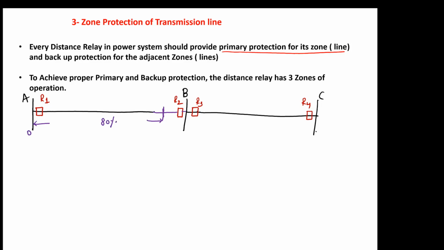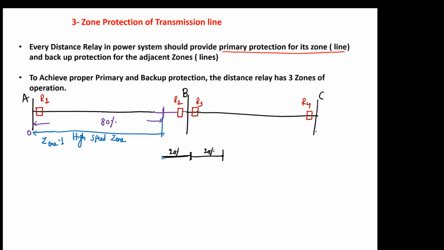Suppose the fault occurs from A to 80% of the line AB, the relay R1 will instantaneously trip. What is the percentage of line that is remaining? 20% of this AB line and 20% of the adjacent BC line.